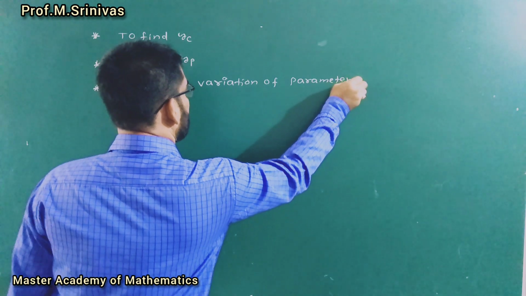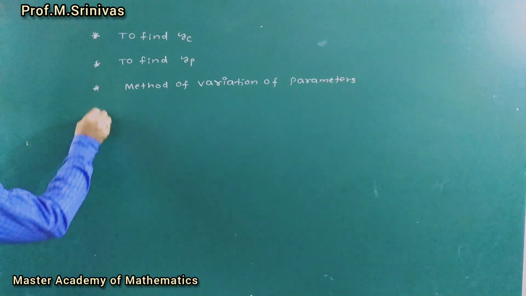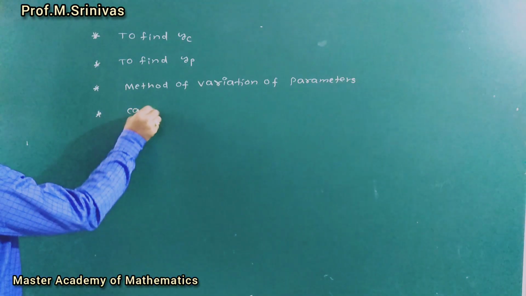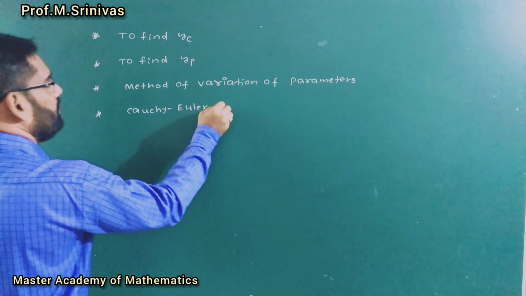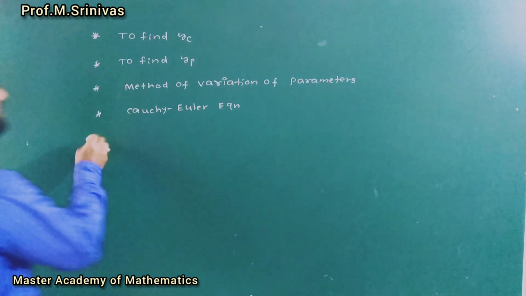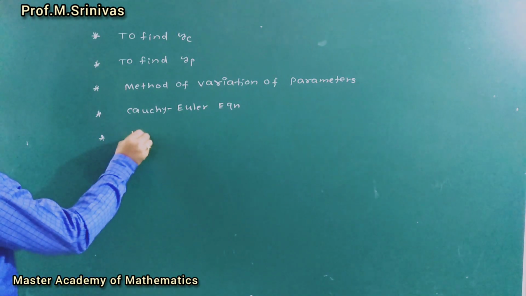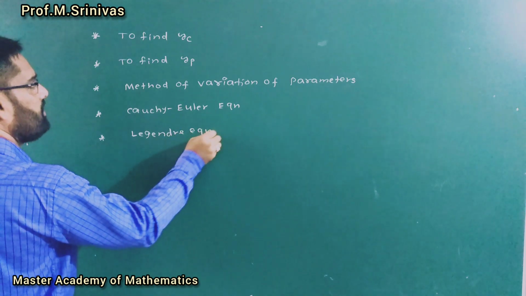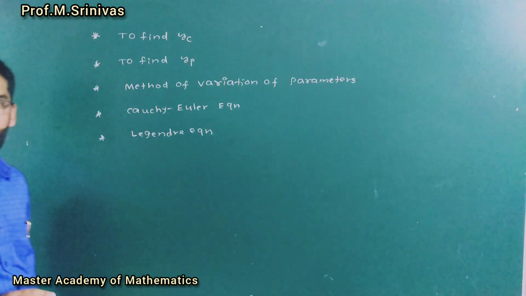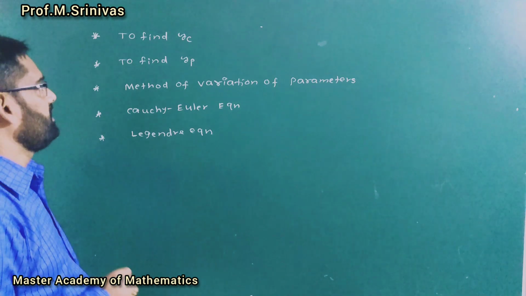The next important topic is the Cauchy-Euler equation. And the last topic is the Legendre equation. So these are the main important topics in higher order ordinary differential equations.